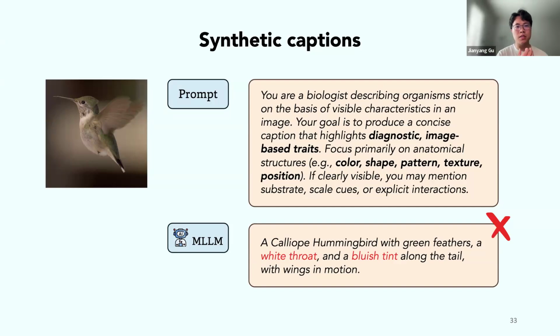We can see there are some spots around this bird's neck. So the descriptions are maybe in some sense good, but they are not accurate. And if the captions are not accurate, we are injecting wrong knowledge into a model. And again, that's not what we want.